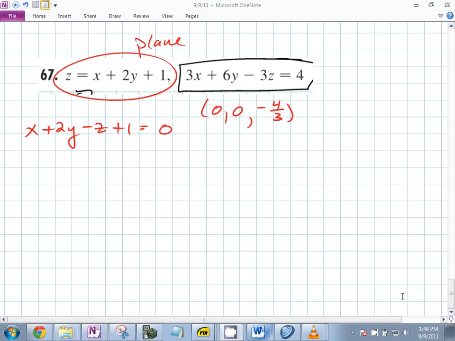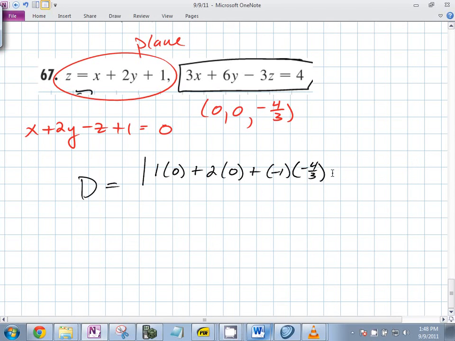So what I end up with, D is equal to, what do we multiply? Well, yeah, 1 times 0 plus 2 times 0 plus negative 1 times what? Negative 4 thirds. Negative 4 thirds plus 1, all over the square root of 1 plus 4 plus 1.